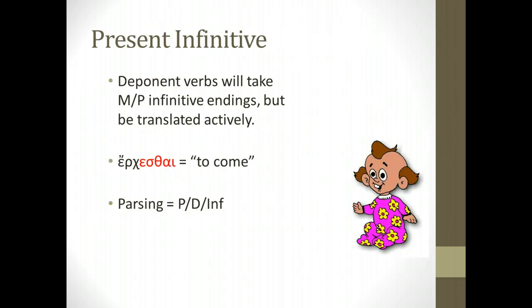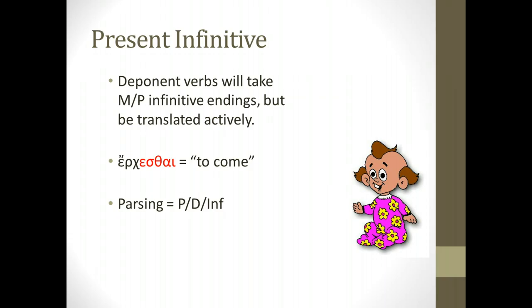One thing to be aware of, however, is that, remember today we learned deponent verbs. And remember, deponent verbs will only ever take middle passive endings, even though it actually is an active voice. When that happens, the deponent verb will also take the middle passive infinitive. So here we go. Look at this. Erchesthai means to come. All right, it doesn't mean to come for myself or to be coming.